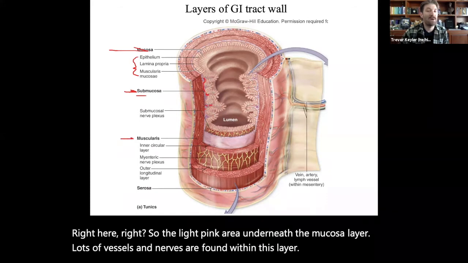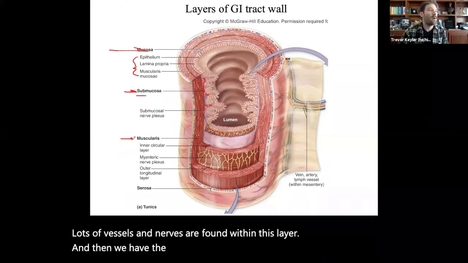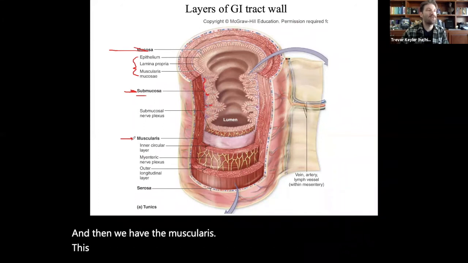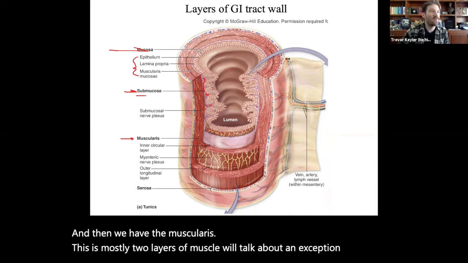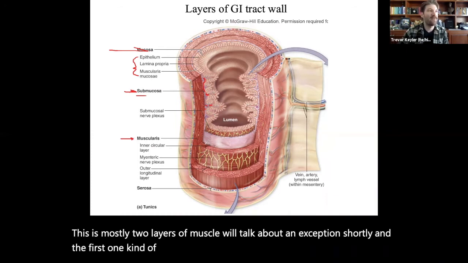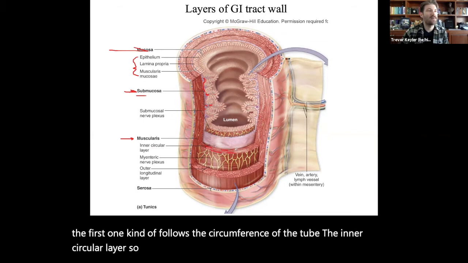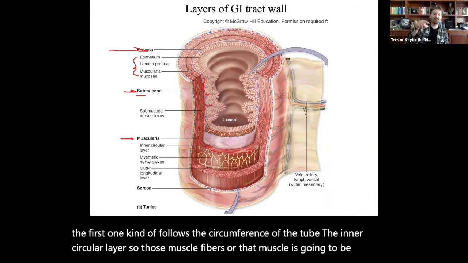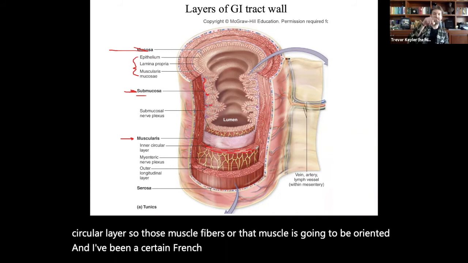And then we have the muscularis. This is mostly two layers of muscle. We'll talk about an exception shortly. The first one follows the circumference of the tube, the inner circular layer. So that muscle is going to be oriented circumferentially, following the circumference of that tube.